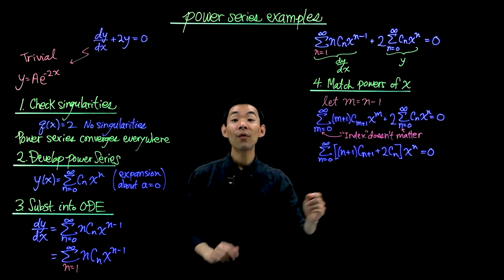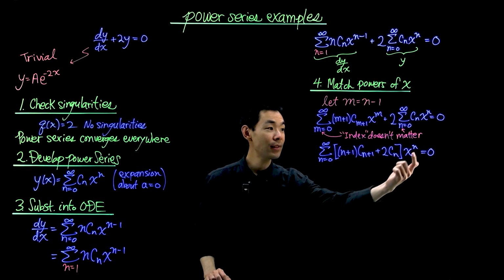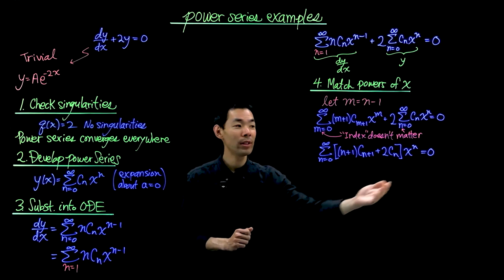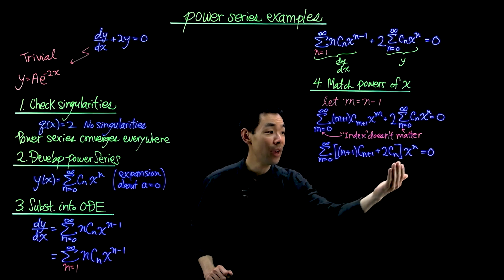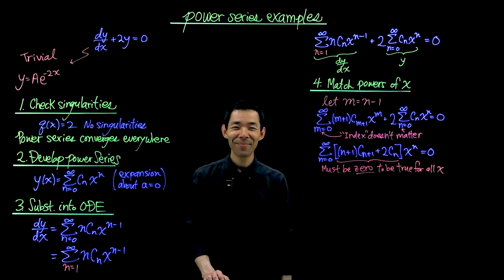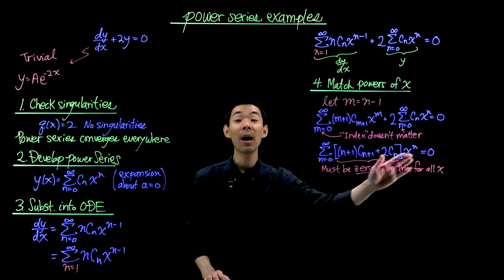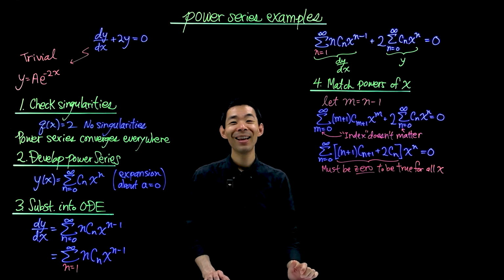And this must be true for all values of x. Okay? So x to the n, we can't rely upon that always being equal to 0. That means that the prefactor, everything inside the bracket, must be equal to 0 for all x. Right. So everything inside the bracket must be equal to 0 for this to become a true equality.